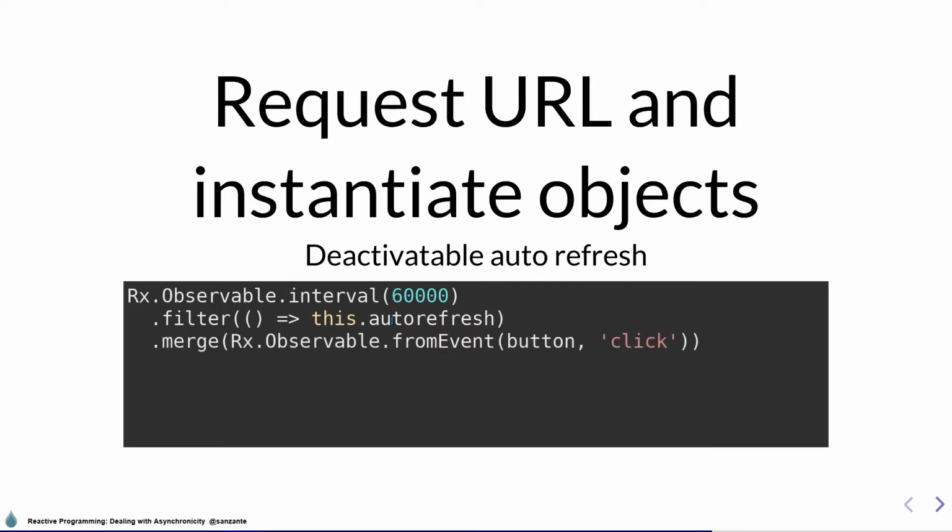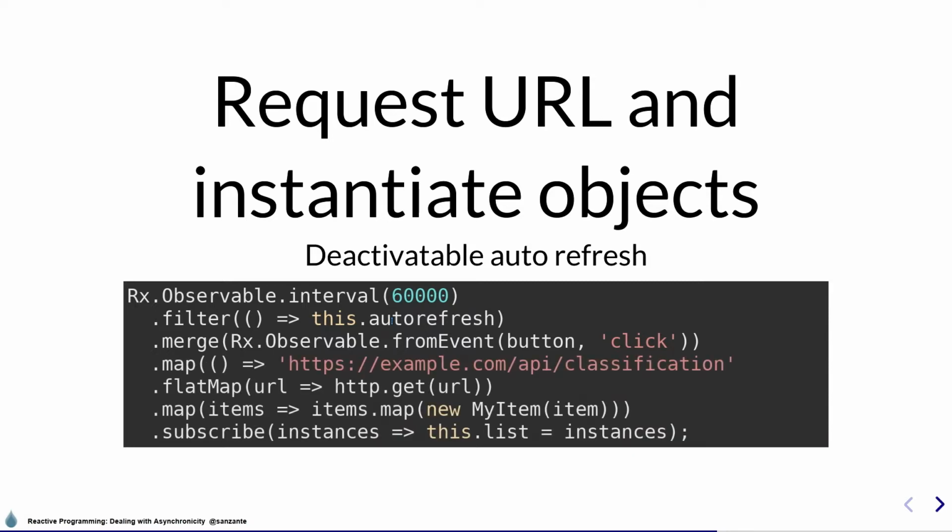And then we merge again with the click observable. So at this point we have values that are emitted when the user clicks, or when 60 seconds have passed and the auto refresh is on. And then the same: map, fetch, instantiate, subscribe, and assign the value.